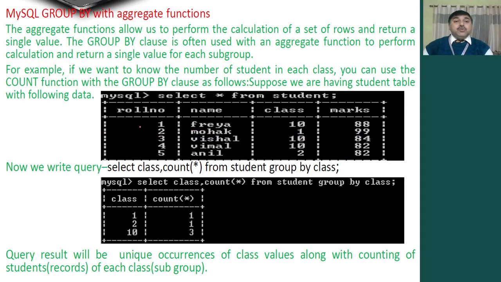See here, group by and aggregating functions. What do aggregating functions do? Aggregating functions allow us to perform a calculation on a set of rows that will return a single value.